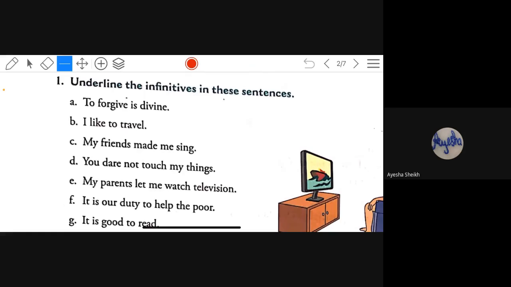To forgive is divine, to forgive. Okay. To travel. Yes. I like to travel, and to travel is the infinitive.